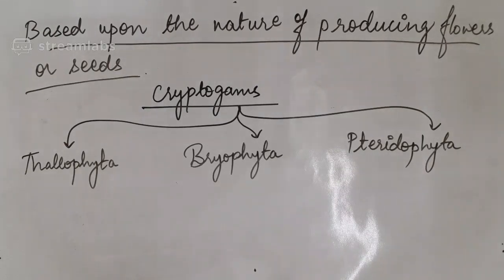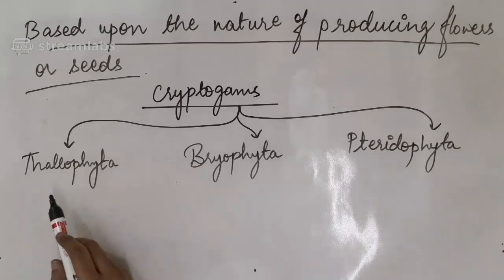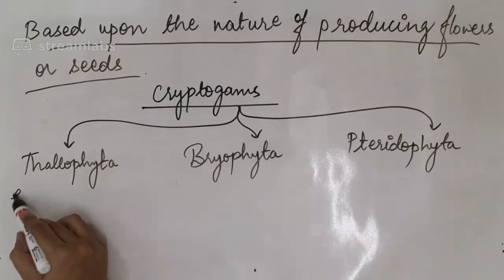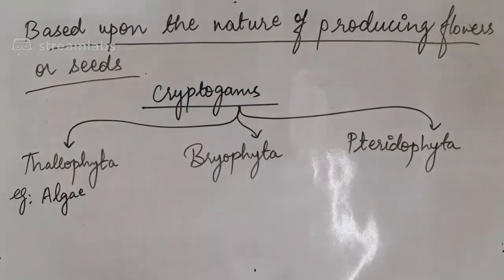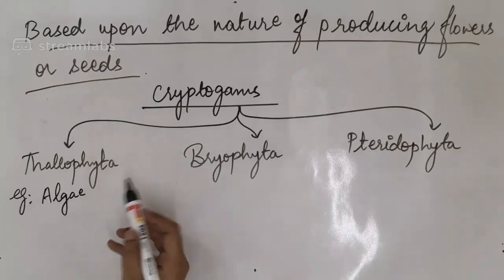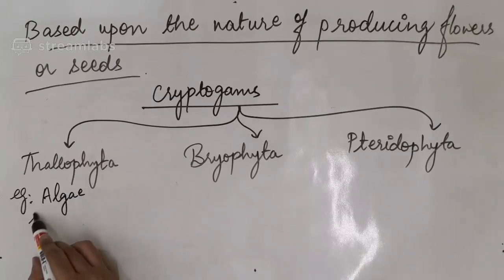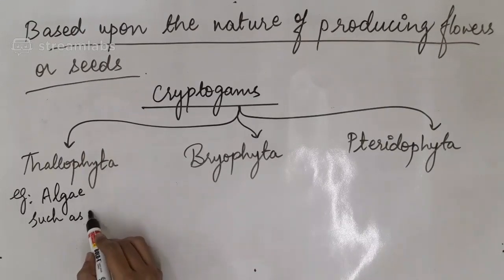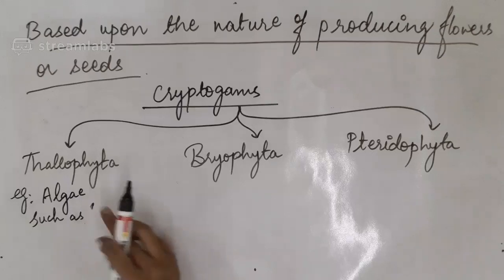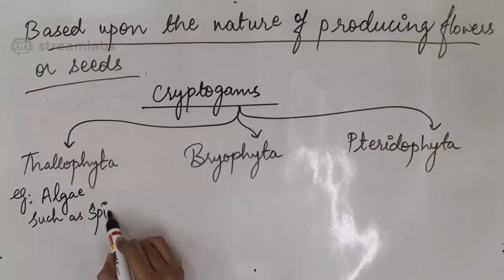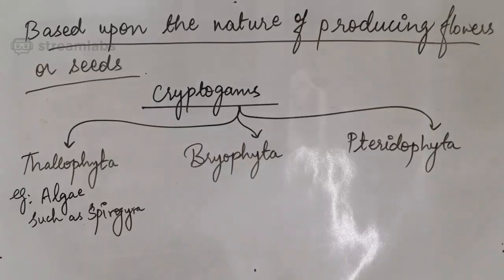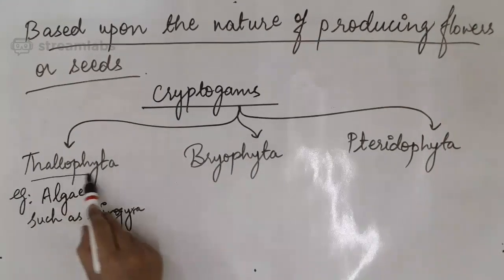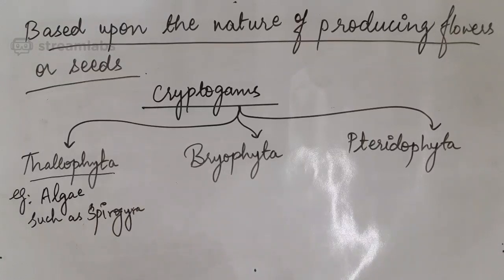Thallus means their plant body is sac-shaped. Examples are algae, such as Spirogyra. Okay, thallus-like structure, body is undifferentiated into stem, roots or leaves.